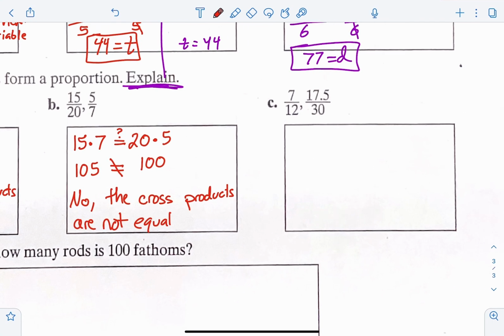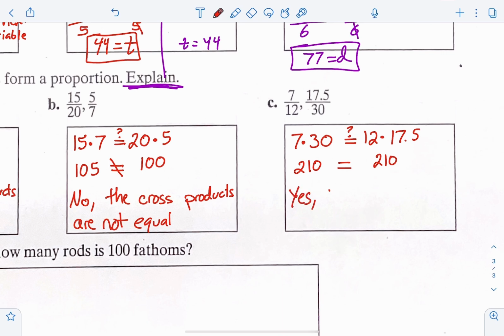Okay, and then for C, we have 7 times 30, question mark, is that equal to 12 times 17.5? 7 times 30 is 210. 12 times 17.5 is 210. So we can put that equal sign and say yes. The cross products are equal.